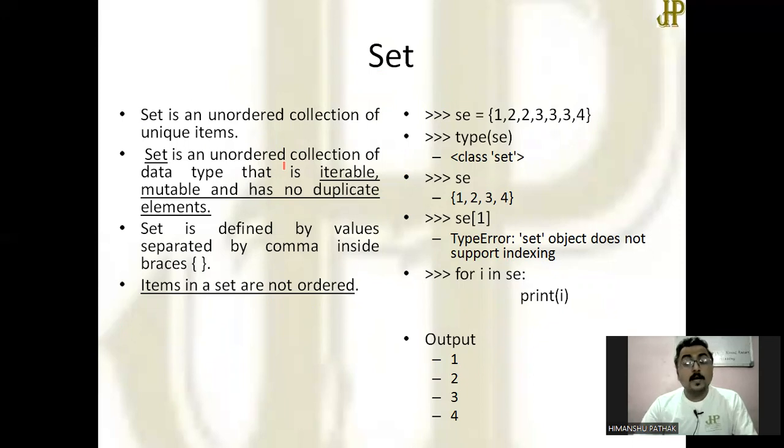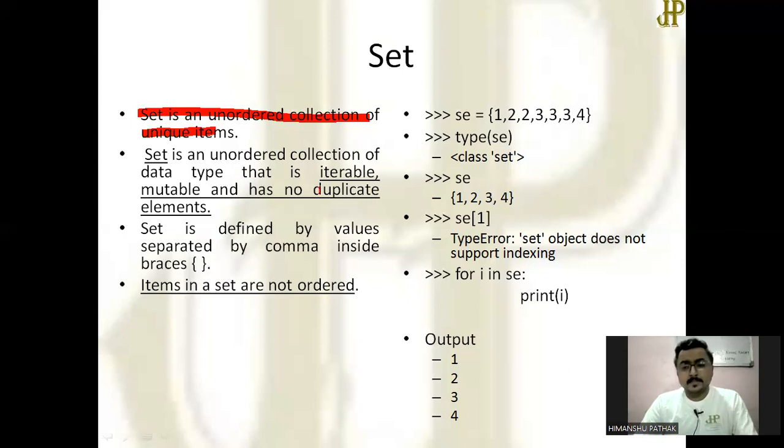It is also an unordered collection of data. That's why you cannot use the indexing. So here, set is an unordered collection of unique items. It is iterable, mutable, and has no duplicate elements.